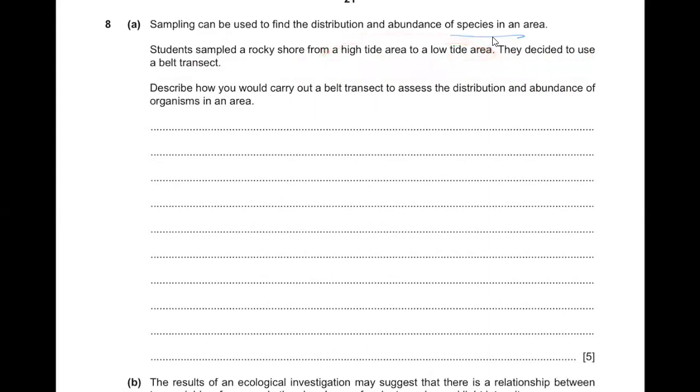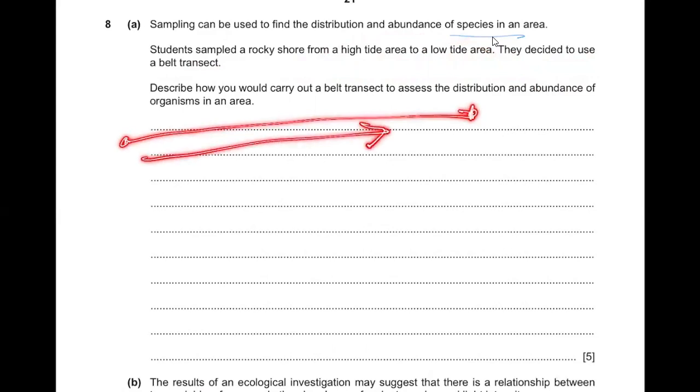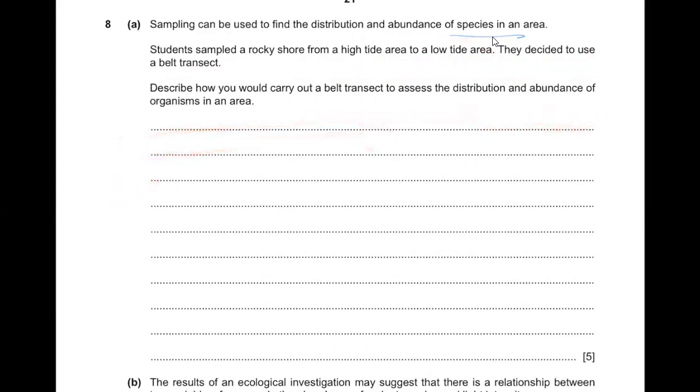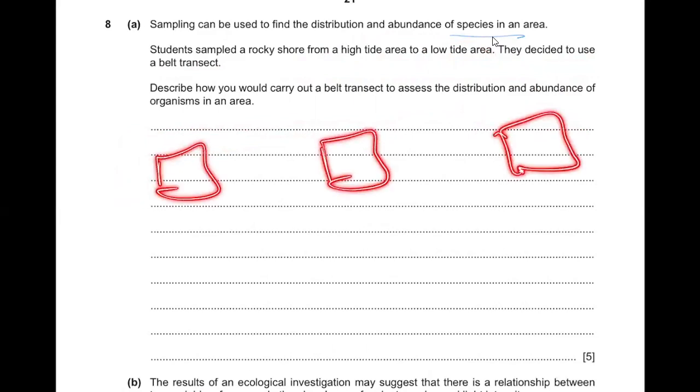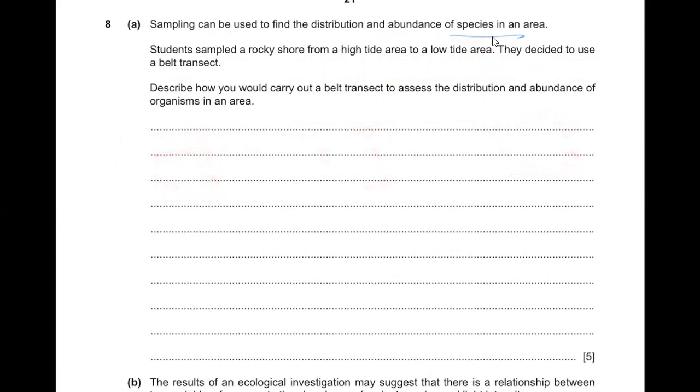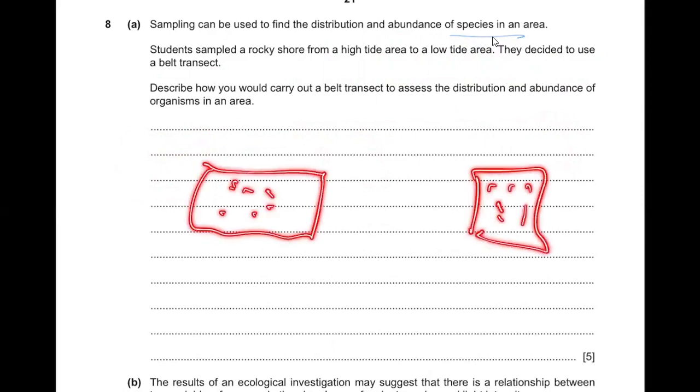So what they would have done, they probably would have just marked two points. They would have laid down a measuring tape that runs from one end to the other end. They will mark the tape, and then they will start to place quadrats at equal, regular intervals, and they will start to measure the species frequency, and count how many species are present in each quadrat.